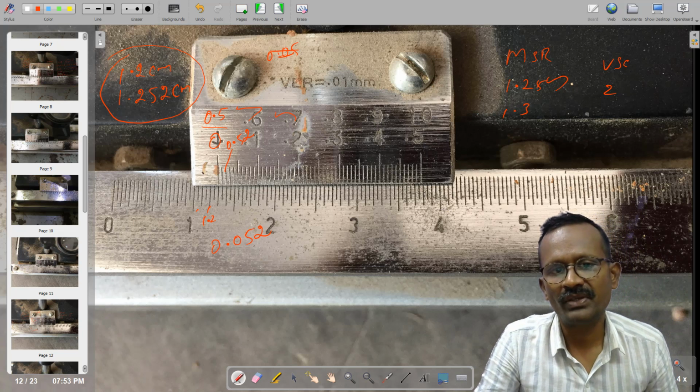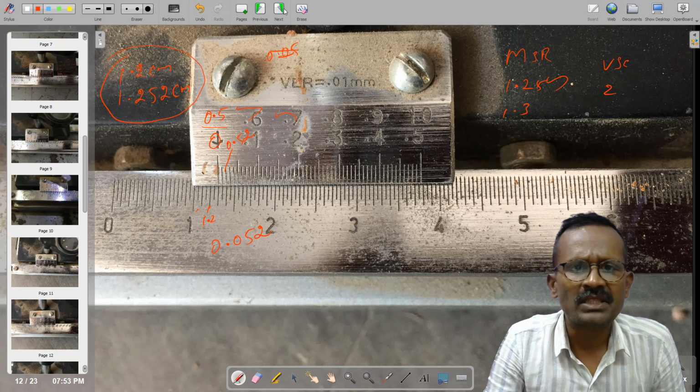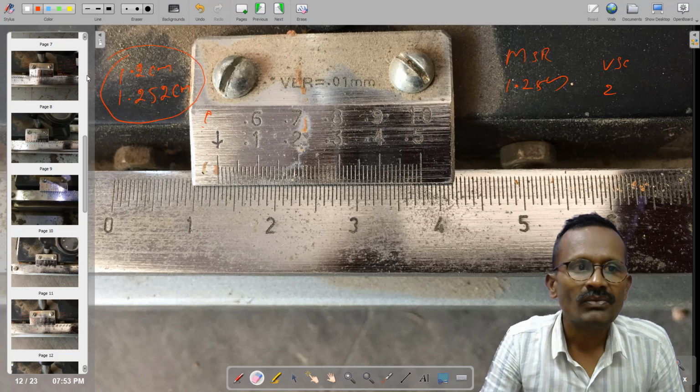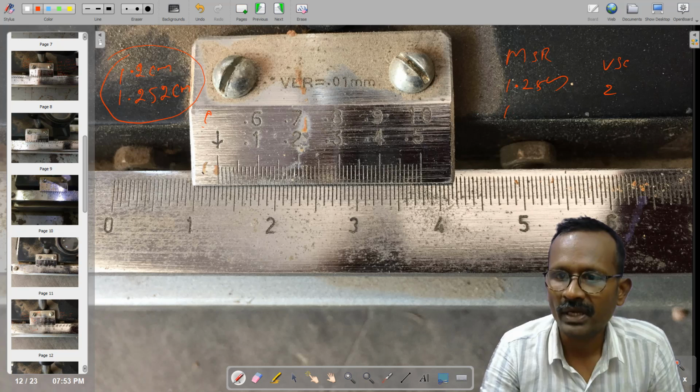1.252. Okay. The right method is: the main scale is lying between 1.25 and 1.3. I take the least value. The vernier scale coincidence is 2.